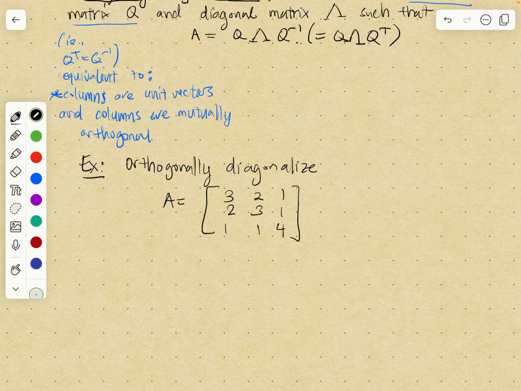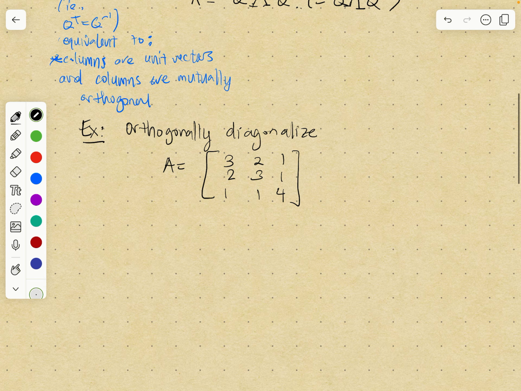Well, we basically are going to diagonalize the matrix, and then once we diagonalize it, we just need to adjust the matrix P that we get so that we get unit length columns.